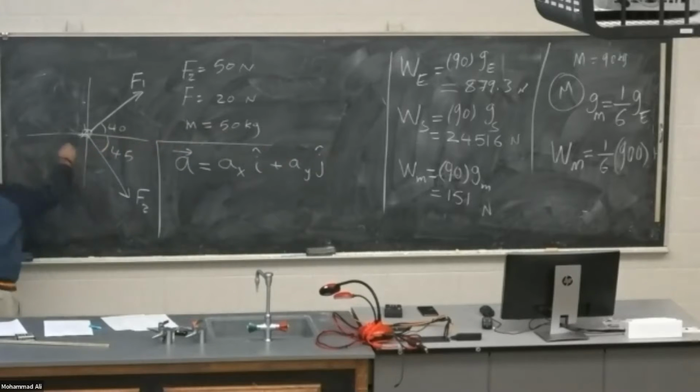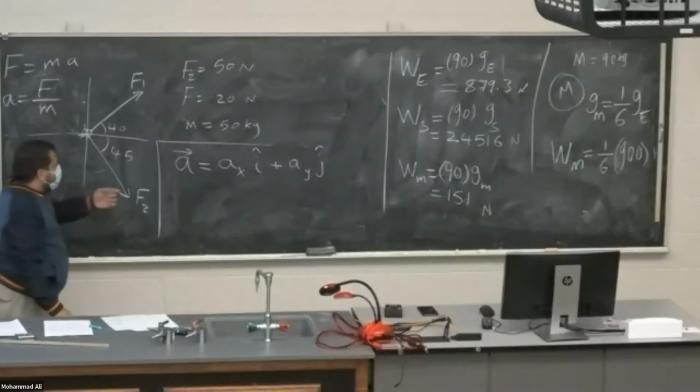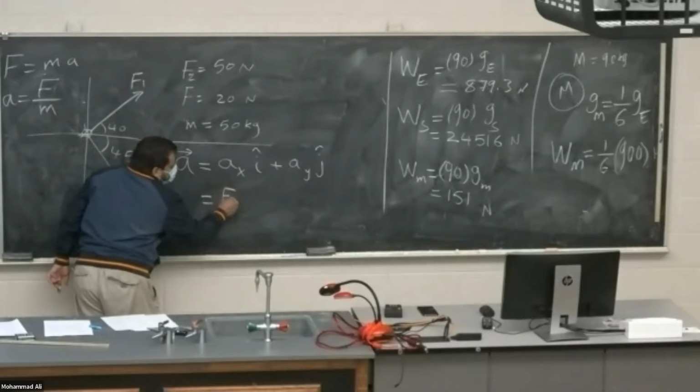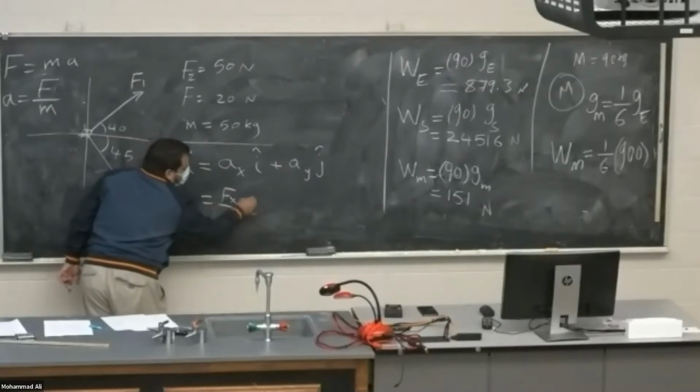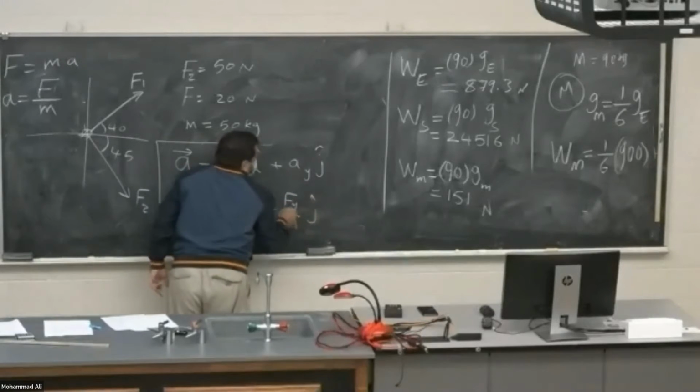I have also Newton's law, F is equal to ma. So A is equal to F over m. It is equal to Fx over m i hat plus Fy over m j hat, right?